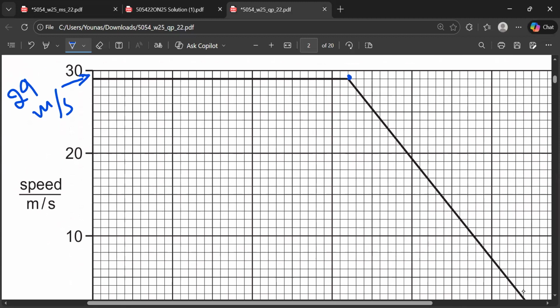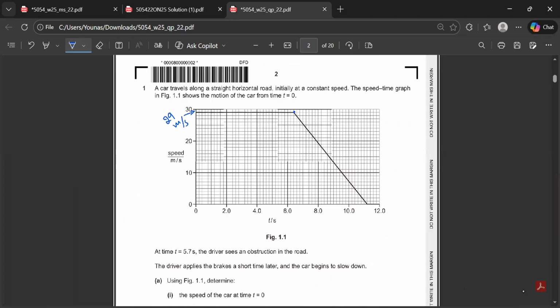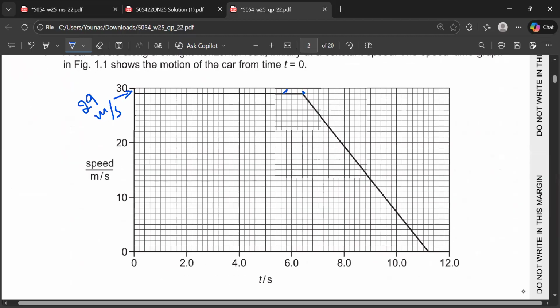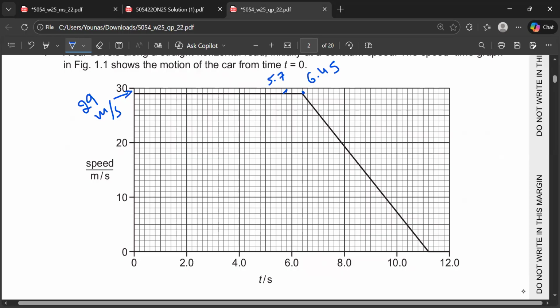So it's 40. Counting 1, 2, 3, 5.7 will be here somewhere. And this time here is 6.4 seconds, and this is 5.7 seconds.